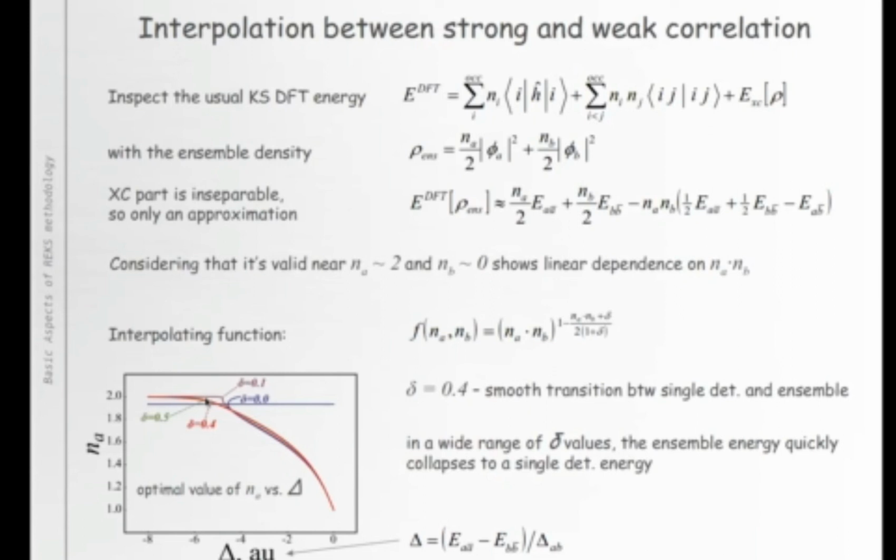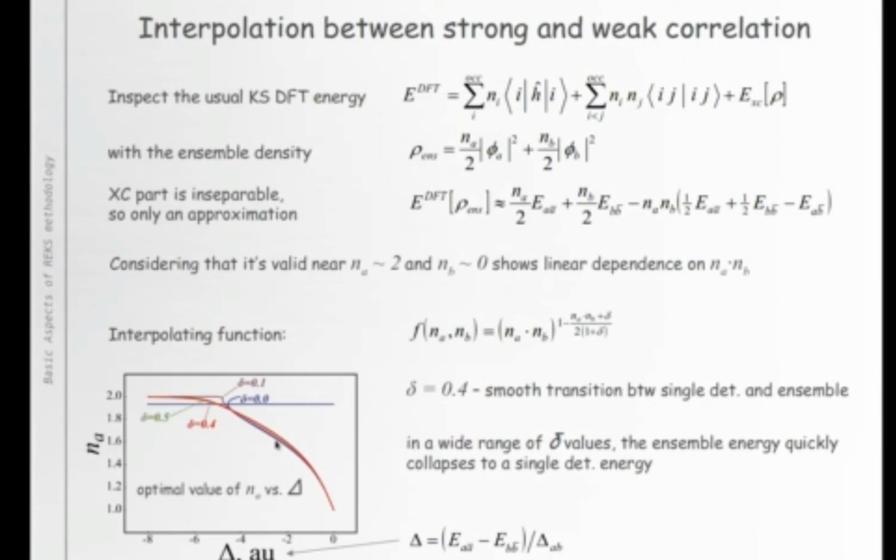If I go beyond delta 0.4, these curves, the dependence of the variationally optimized fractional occupation number on this parameter, which is the most important for the magnitude of correlation, all converge to the same dependence. Delta 0.5 is indistinguishable from delta 0.4, and 0.6 would also be very close.